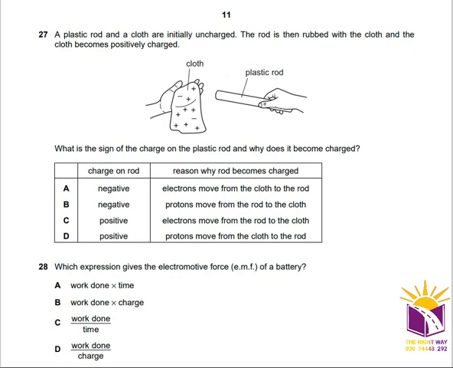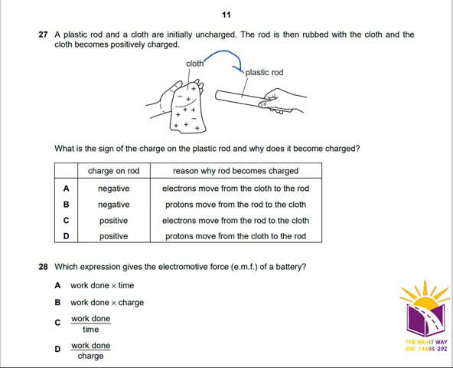Question number 27. A plastic rod and a cloth are initially uncharged. The rod is then rubbed with the cloth and the cloth becomes positively charged. What is the sign of the charge on the plastic rod and why does it become charged? When we rub the plastic rod with the cloth, charges move from cloth to rod, and only one particle can move, that is the electron, which is a negatively charged particle.